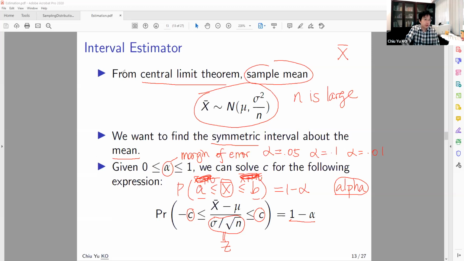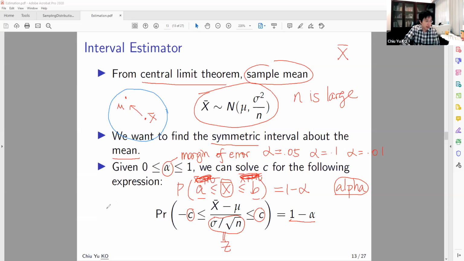So let's repeat. We want to estimate mu. What we do is use X bar. But for this X bar, we want more. Instead of giving X bar, can we estimate a bunch of points instead of one point? To do that, I give a circle around X bar and try to guess what it is.